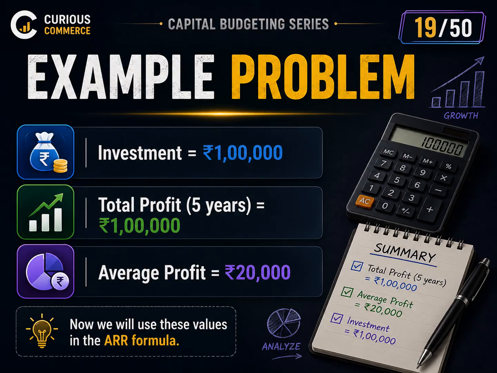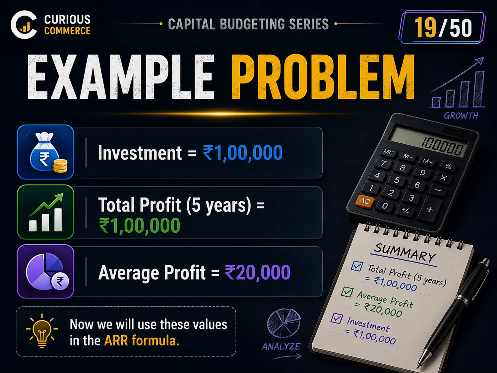Example: suppose investment of 1 lakh rupees, total profit for 5 years is 1 lakh. Now calculate average profit. Average profit equals 1 lakh divided by 5 years. That gives 20,000 rupees. Very easy.